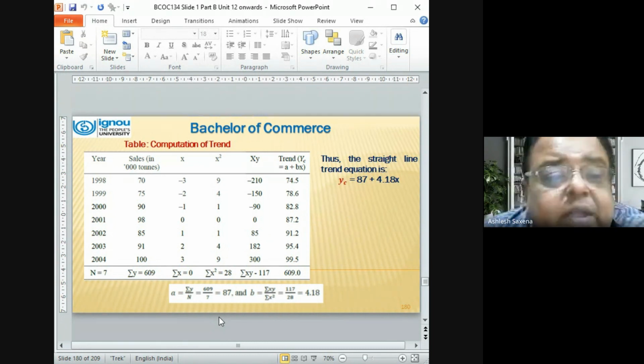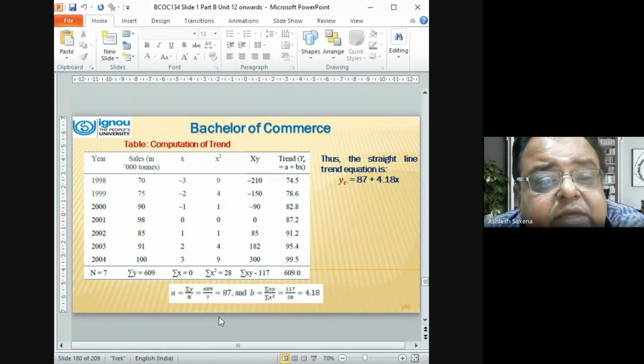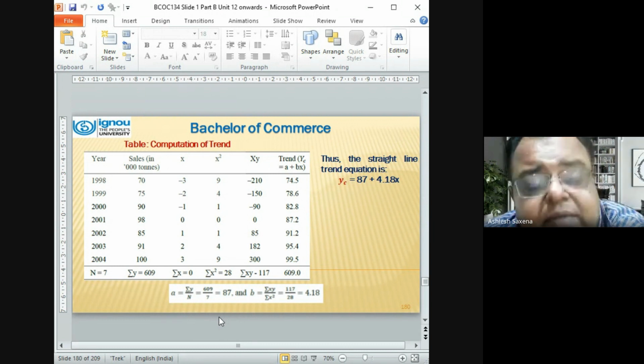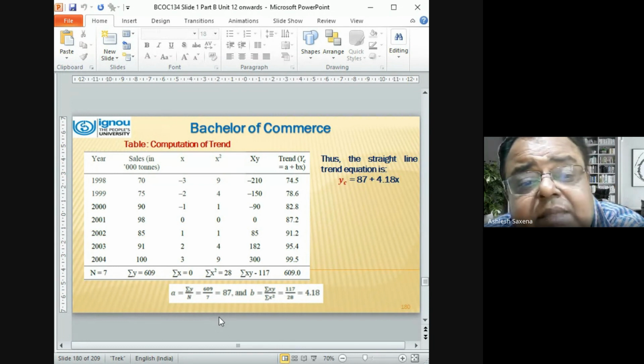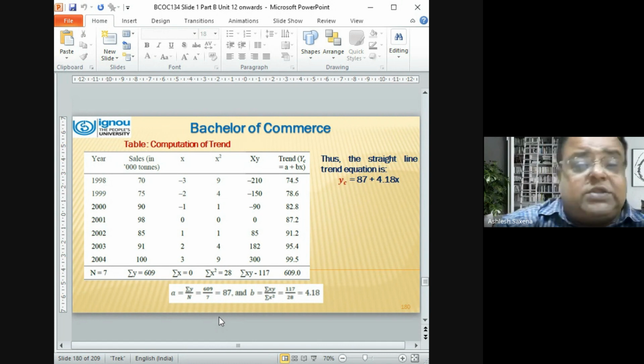See, year was given and sales was given. You have assumed the center one as year 2001. In place of that, we will straight away write 0, above it minus 1, minus 2, minus 3, and below 0, 1, 2, 3. Then we will be squaring it, x square. Then we will be multiplying x and y. X and y means multiplying 70 and minus 3, that will be minus 210.